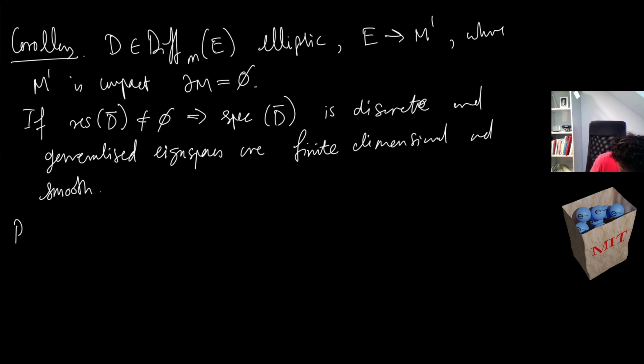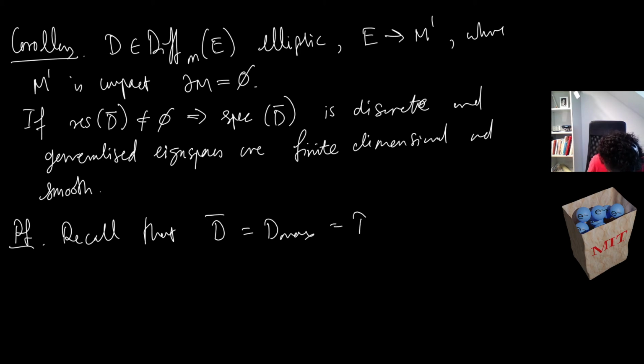Okay, so why is this true? So we recall, of course, that D prime is equal to D max equals D min, right? So the question is, how can a subspace be smooth and non-smooth? Well, the domain of this operator, as I'm about to write, is HM. So you could easily, a priori, have only Sobolev regularity sections.